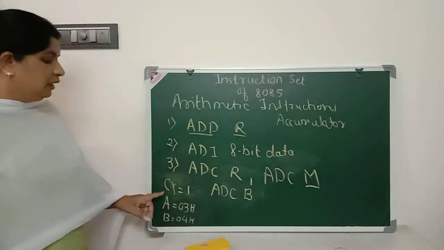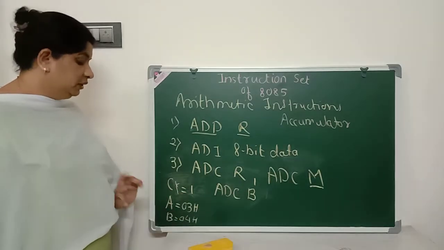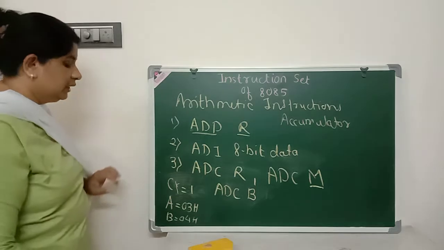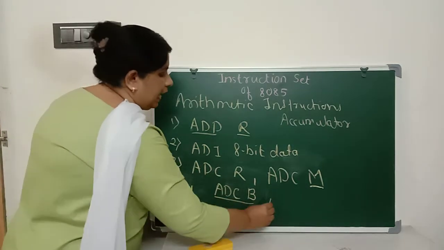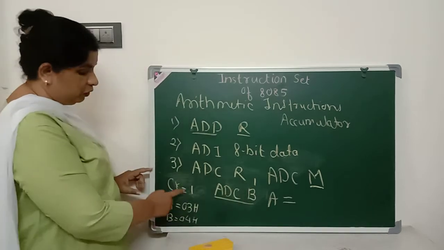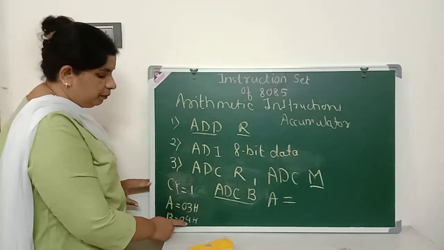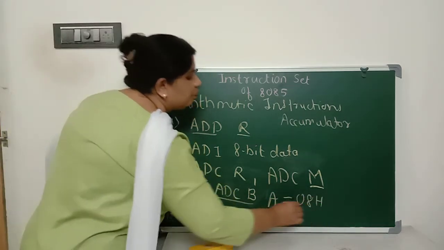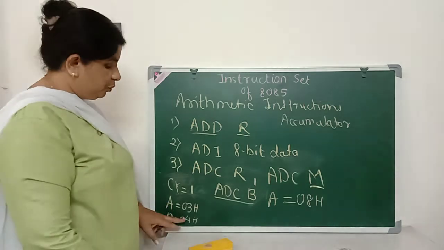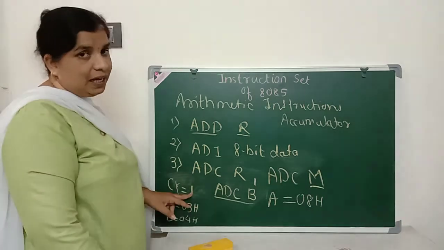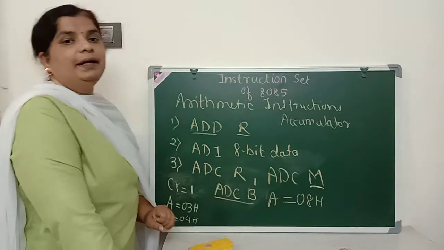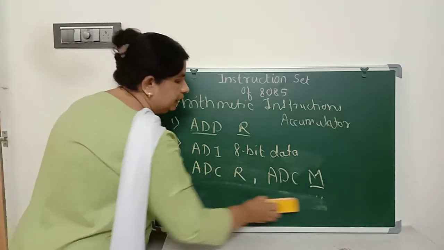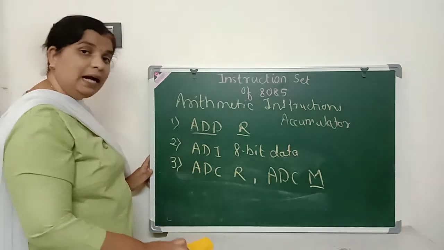Then the addition of these 3 values will take place. That is, the accumulator will be added with the B register, plus the carry flag will be added to this. So after the execution of this instruction, the accumulator will be updated with the addition of these 3 values. So 03 plus 04 is 07, plus 1. The accumulator will become 08H, because 4 plus 3 is 7, and the carry flag has to be added, so it becomes 08H.